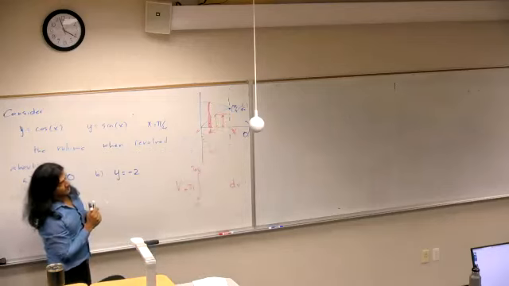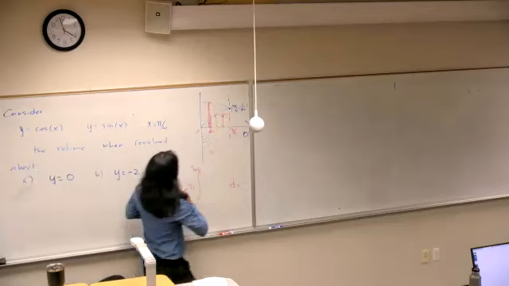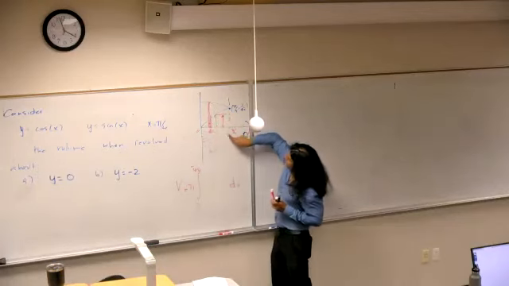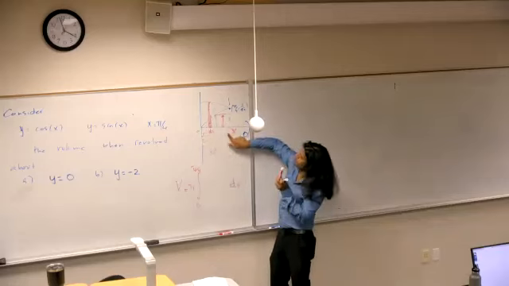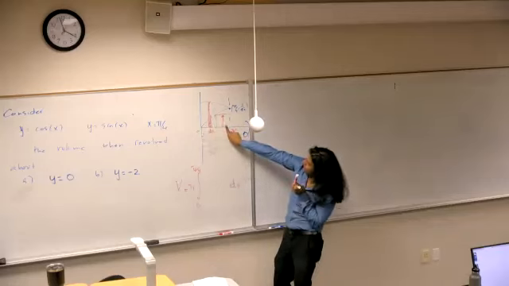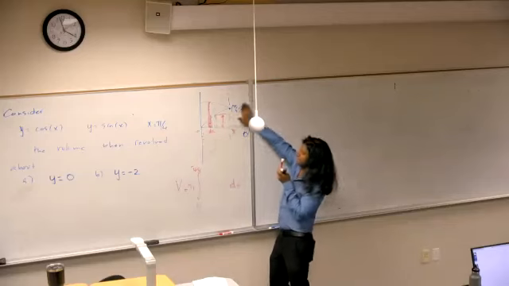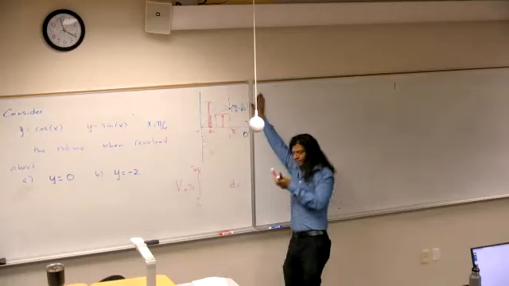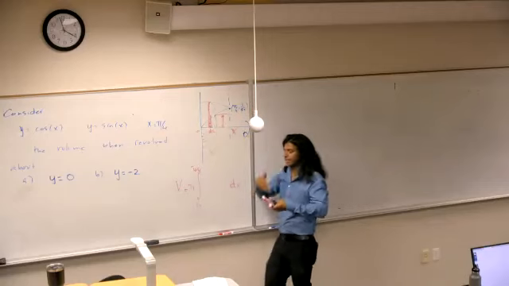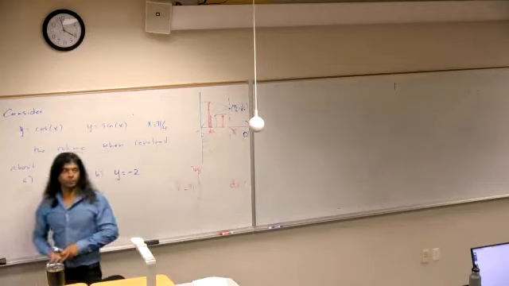Yes, no, maybe. So, since we are moving the strip about the x-axis, as you move the strip along, the radius is going to change. Do we agree? So if it is changing, what is it changing with respect to? Which function?